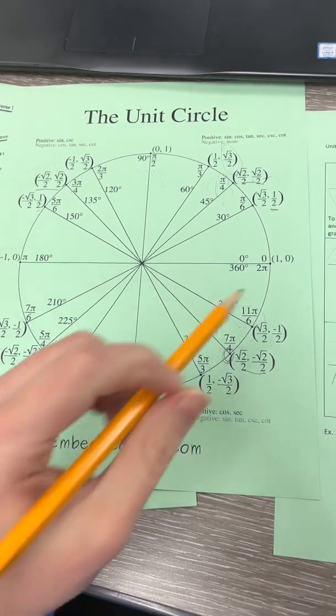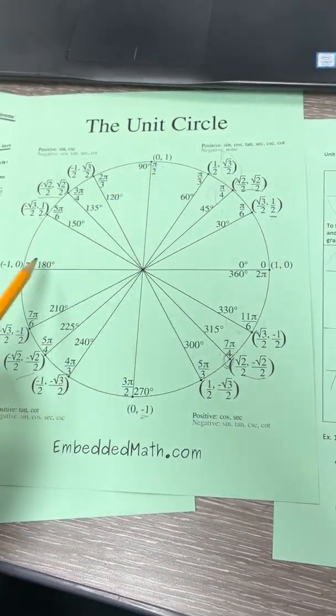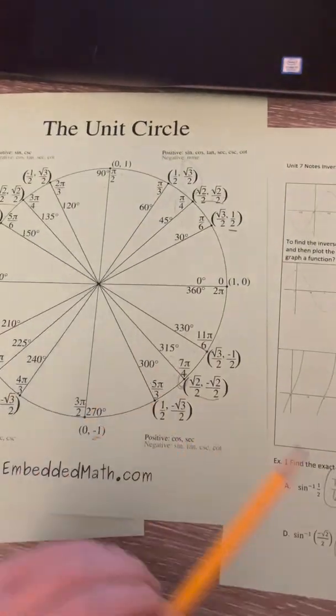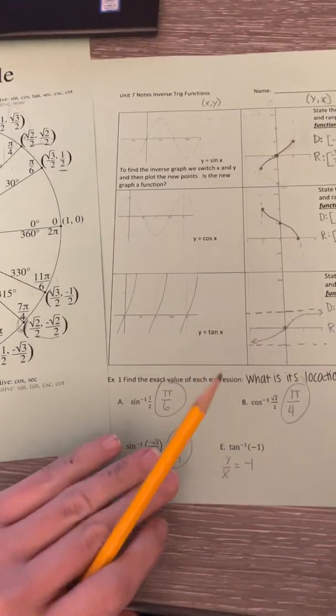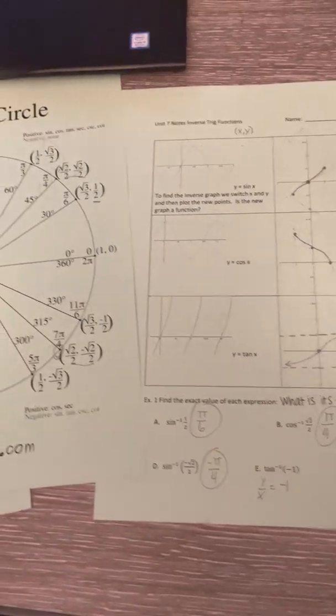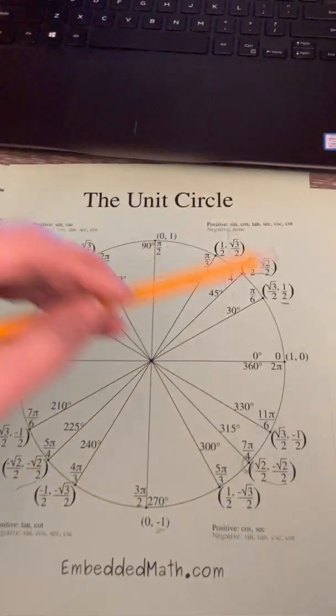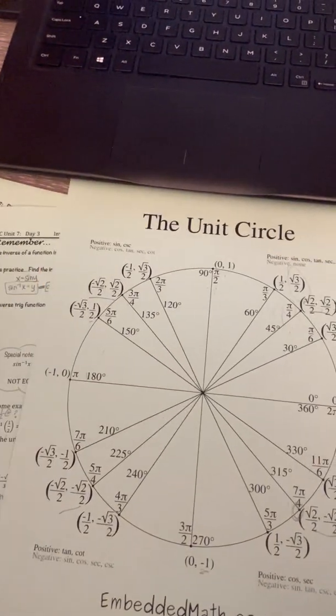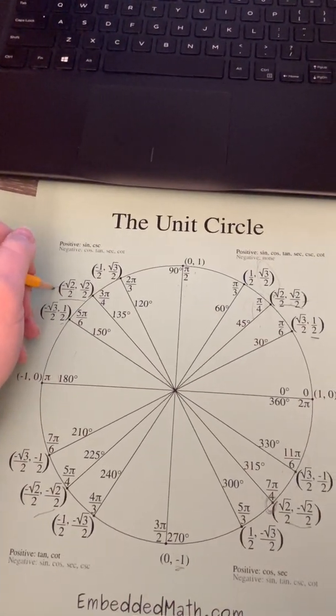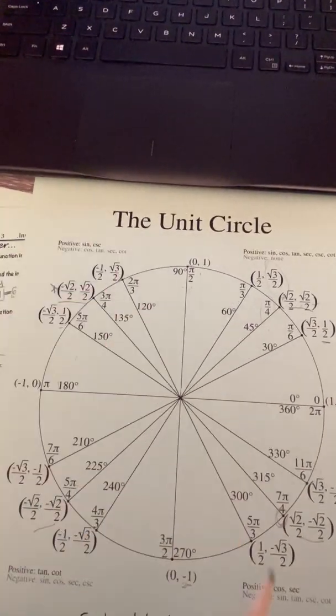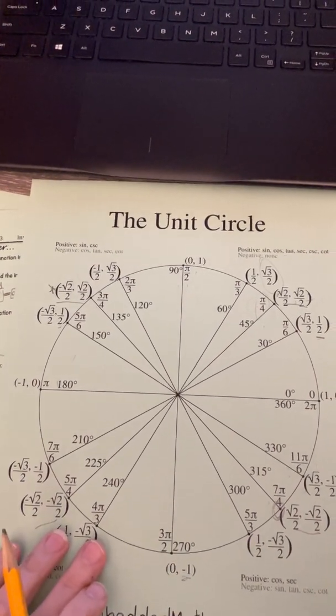All the rest are 0 or undefined or some funky number. So to find where tangent is negative 1, we will probably have to use this one again. Oh, wait, no. Tangent goes across. So we'll have to use this location here, which is 3 pi over 4.